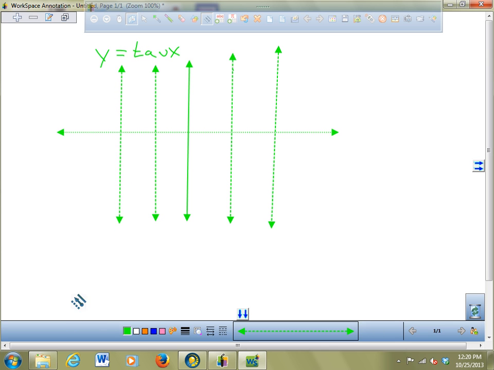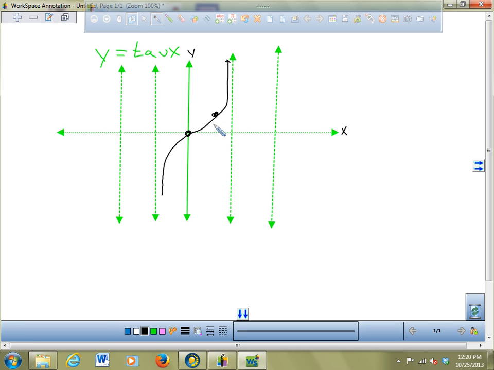So if I were to plot the points that I found from my unit circle, and I were to graph y equals tangent of x, let's use a different color. This is 0, 0. This is my x-axis, this is my y-axis, and I get this curve that goes up like this, and through here like this, and then up like this.